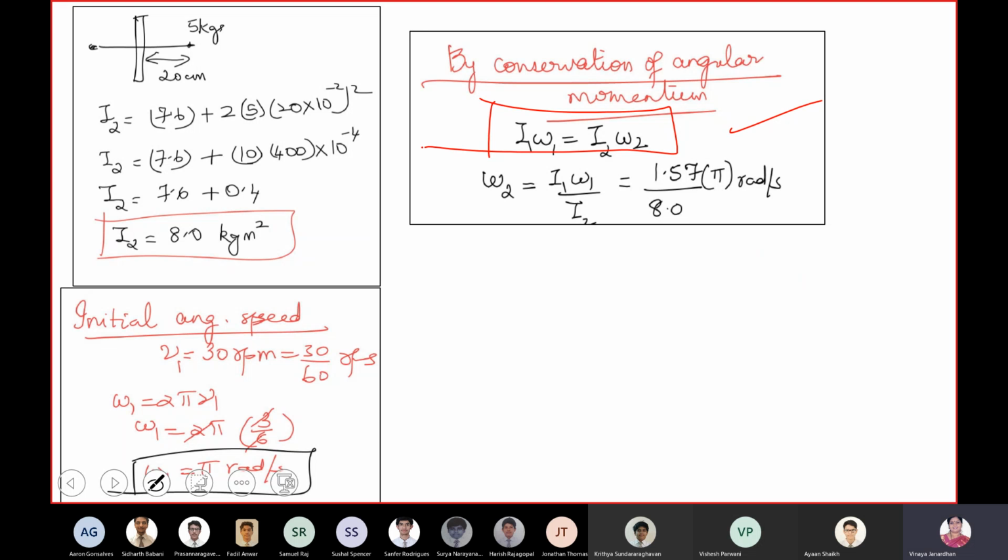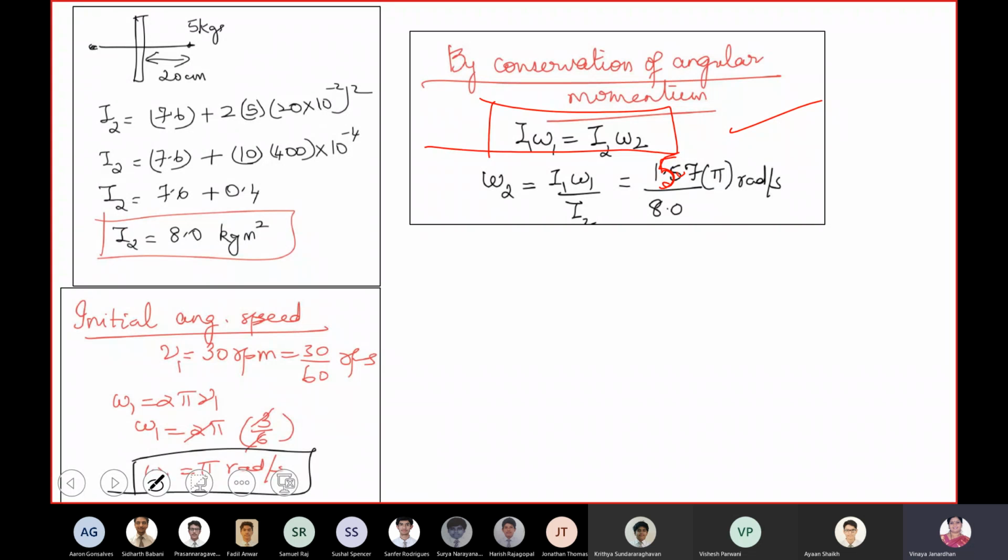So how do you get 1.57? Isn't it 15.7? Yes, sorry boys, it's 15.7. Omega 1 is pi. No, you have to calculate, boys, you need 3.14.